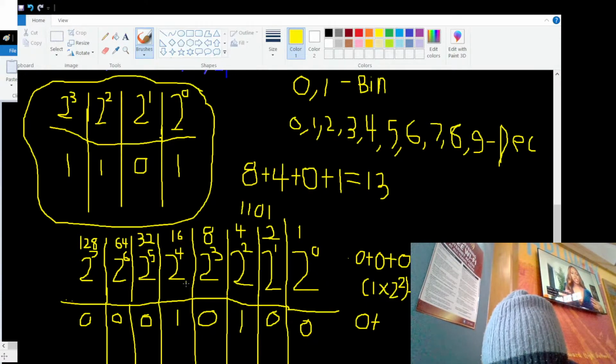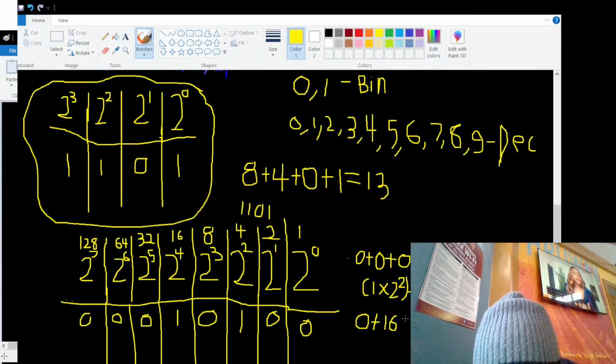What's 2 to the 4th? It's 16. So 16. Zero times 2 to the 3rd is just 0. We don't have to even think about the 2 to the 3rd because it's just 0.